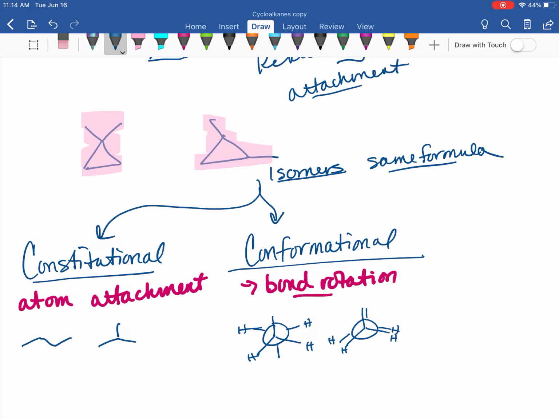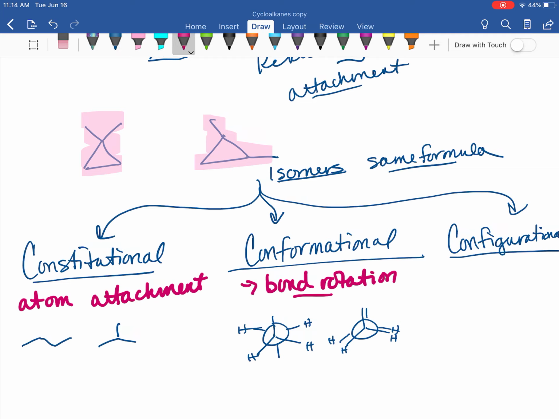So these are conformational isomers. We will see those with our cyclos as well. And then third, we have something called a configurational isomer, and those are arrangement in space.